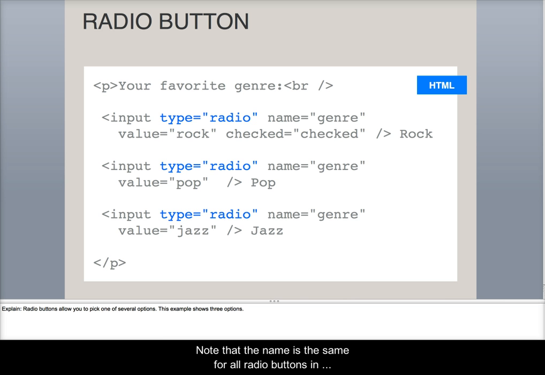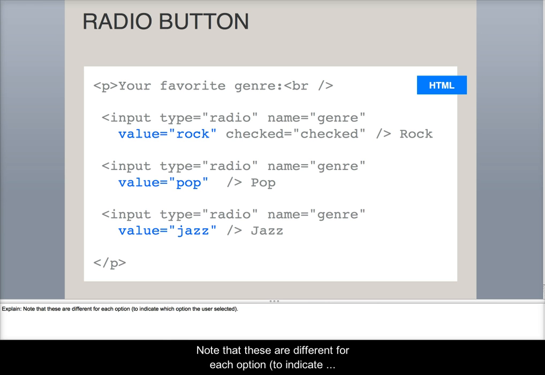Note that the name is the same for all the radio buttons in the group of options. Without the same name for all the radio buttons, they won't group together and the single selection isn't going to happen. It doesn't force it to make one value for the name-value pair. We also use the value attribute with radio buttons.